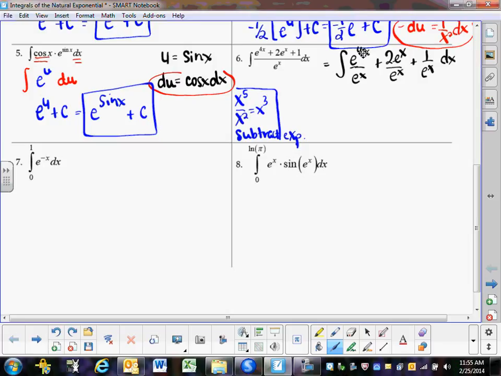So I'm going to use the same process from here for this part. I'm going to subtract my exponents. So 4x minus x is 3x. The e to the x's for the next part cancel out. And then I have 1 over e to the x, which is e to the negative x dx.